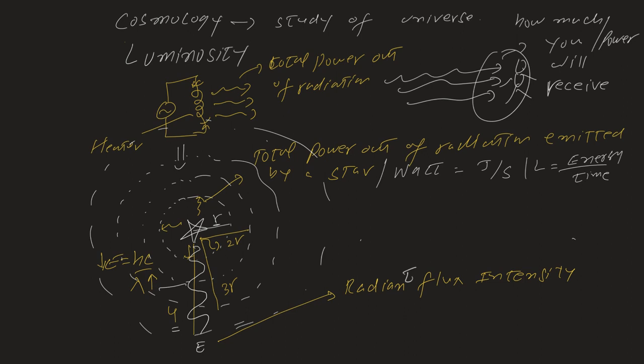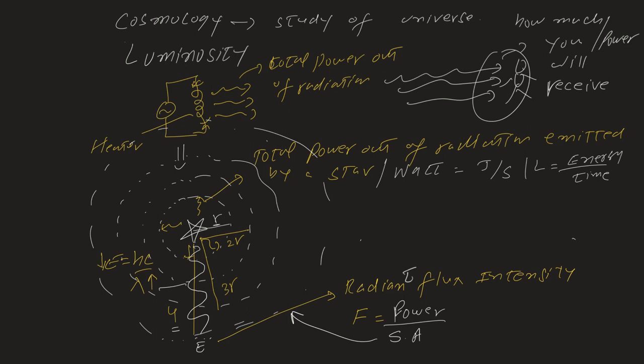It means power per unit perpendicular area received on Earth's surface, and it is denoted by F. If you would like to calculate it, we apply the rule power over surface area, the surface area of this shell, because the Earth is present at a distance 4r from the center of the star.